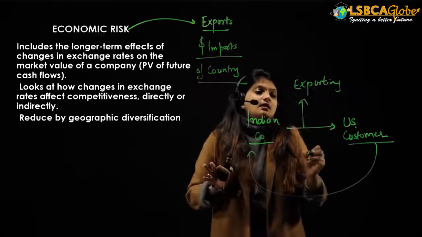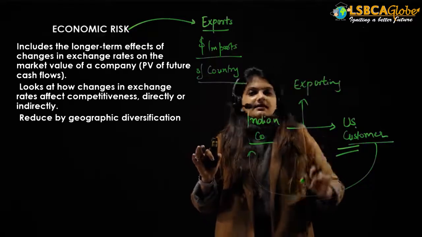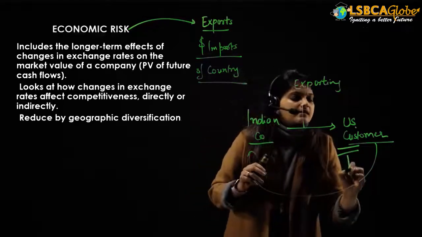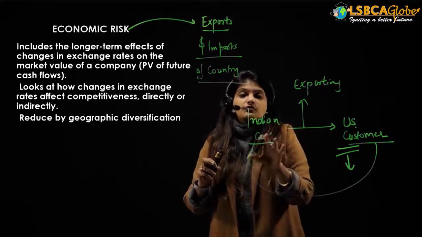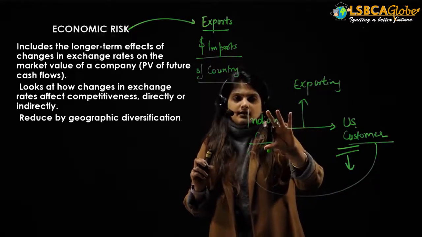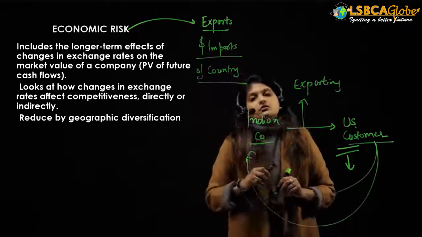Let's say the US currency depreciates. Now, if this currency depreciates, whatever I was supposed to receive in the Indian currency, I would receive a lesser amount due to the depreciation of the US dollar.